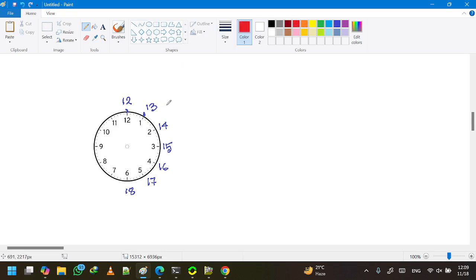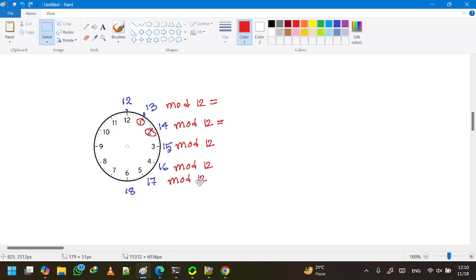So if we take 13 mod 12, that will give us the value 1. Similarly, if we take 14 mod 12, this will give 2. So 15 mod 12 will give us 3.